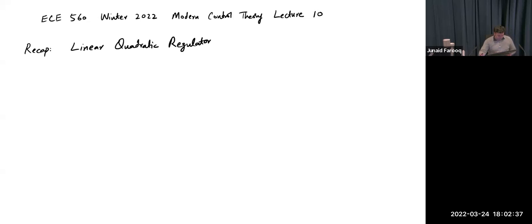That's where it gets the name linear. And we formulate a cost function which is quadratic in terms of the state and the input. So this linear comes from the fact that the system dynamics are linear. Okay, and the quadratic is coming from the cost function.